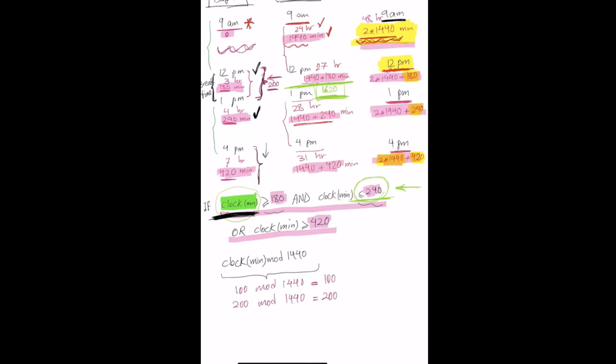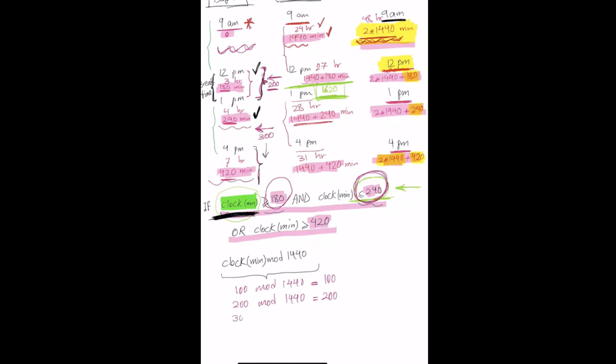I'm still good. The simulation time is 200 and I still get 200, and I'm good to use this condition. I can say, okay, I'm 200, greater than 180 and less than 240, so it's break time. Do not let any customer come to the system. Now let's assume I'm somewhere in this range, at minute 300, which falls between 240 and 420.